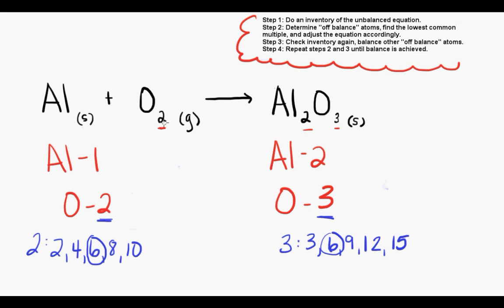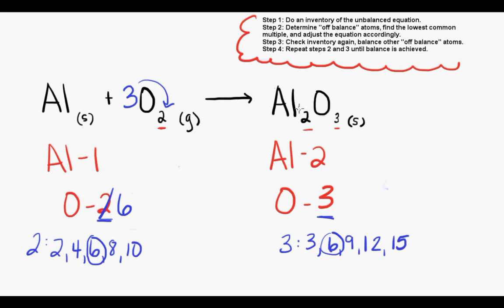We already have 2, so if we use the coefficient 3, multiplying 3 times 2 gives us 6, so that will work here. I also have to update my inventory because I've now changed the number of oxygens on the left to 6.